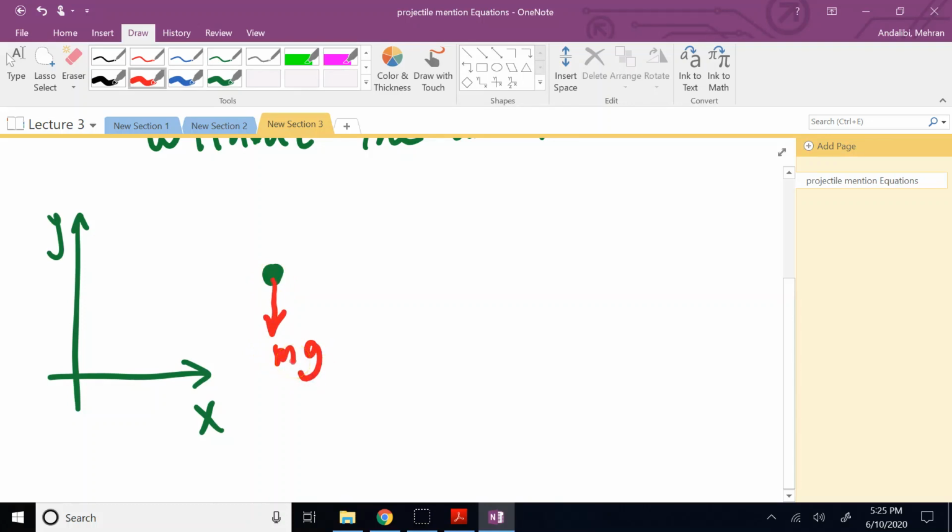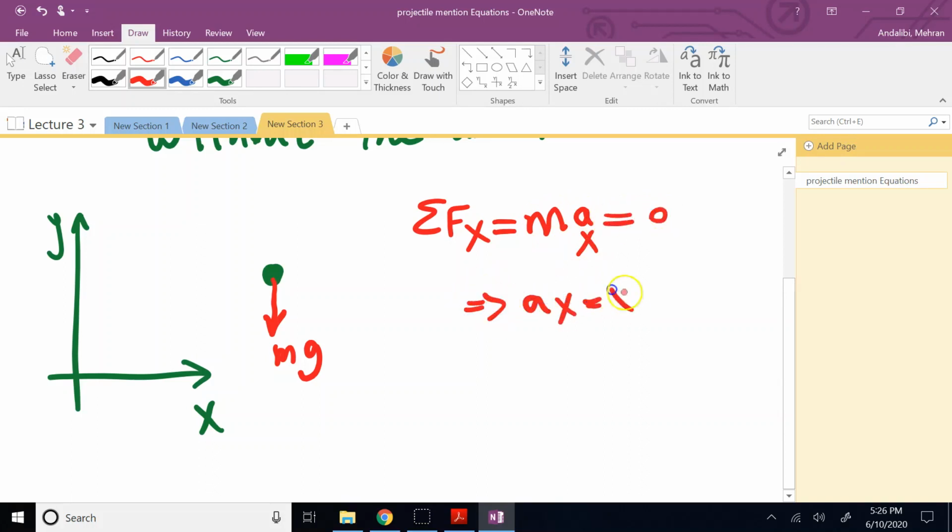Although we are not going to use Newton equations in this chapter, it is for the next chapter, if you just look in the x direction, there is no force on the particle, so mass of the object times acceleration in the x direction is 0, therefore there is no acceleration in the x direction, right? Ax is the same as x double dot.